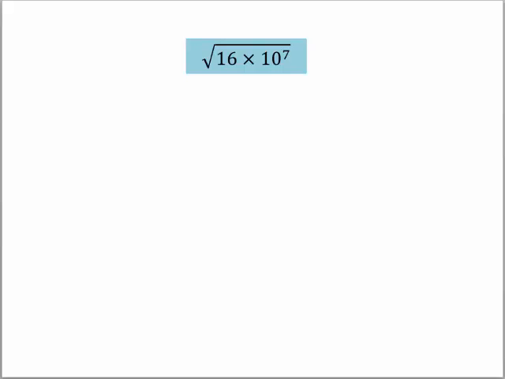Try this one. Now in this case, I made it easy for you. You don't have to move the decimal place in the 16. And you're working here with square root, remember. Even though there's no number, it insinuates square root. All right? Stop the video and try it.